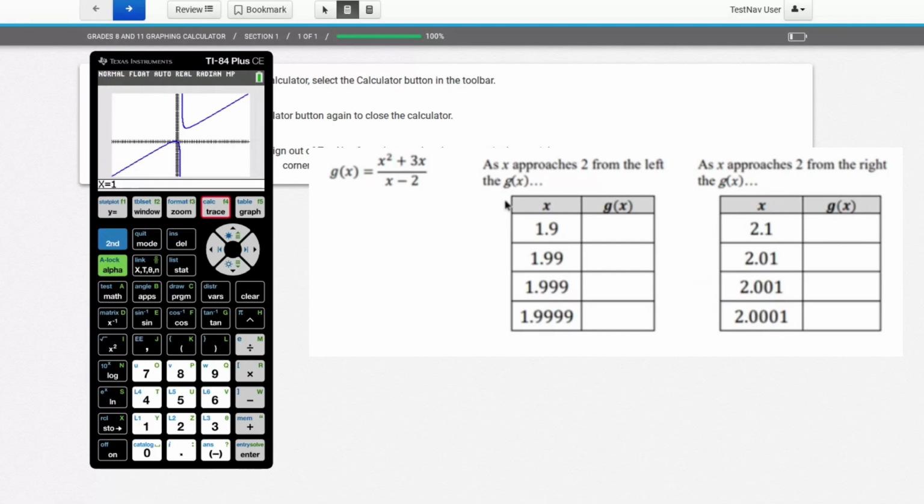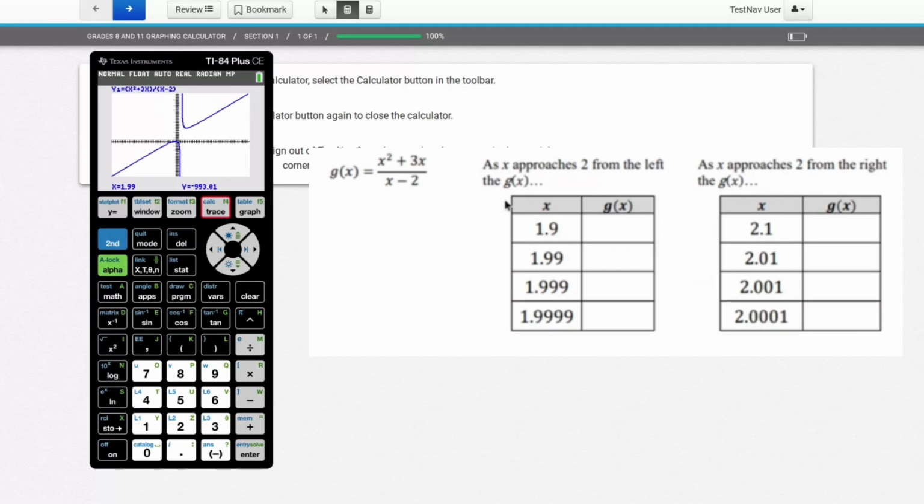Okay, so I care about 1.9. Hit enter, and that gives you a value of negative 93.1. If I do the same thing again with 1.99, that gives me a value of negative 993.01.